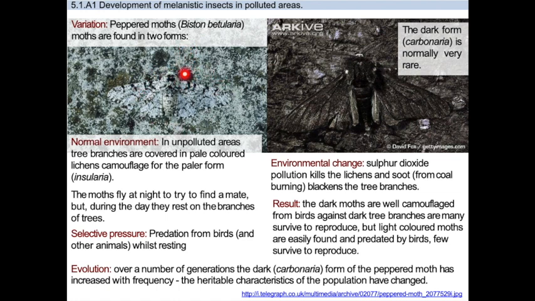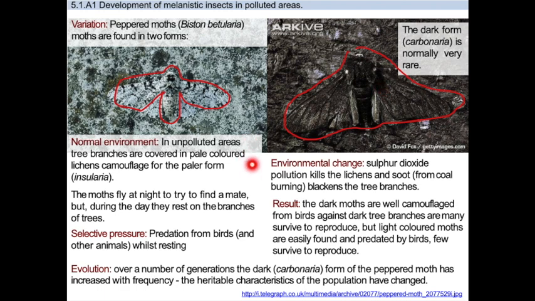These peppered moths are found in two forms. They are found in this light form, so you may be able to see the outline of the moth there against the light background, or this darker moth. So we have lighter moths over here, and we have darker moths over here. The darker moth normally is very rare.